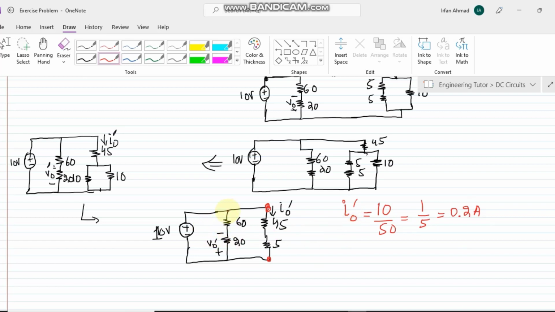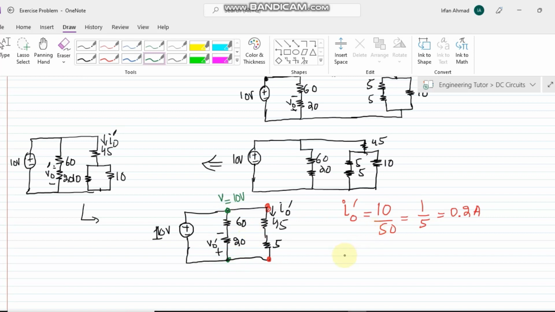Similarly here we can again see, let me represent it with green color here. V naught is represented by the green color here, so we can simply see that these two branches are again connected here, and across this whole branch again the value of voltage is 10 volts.